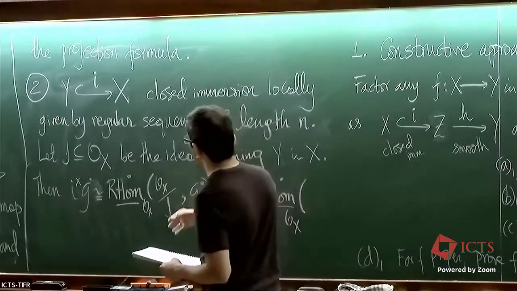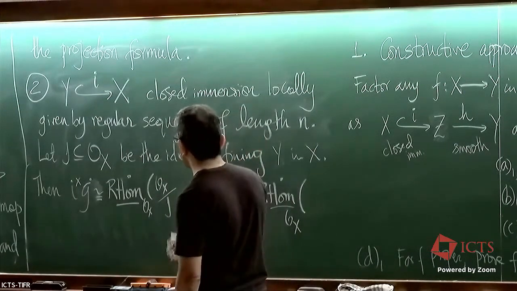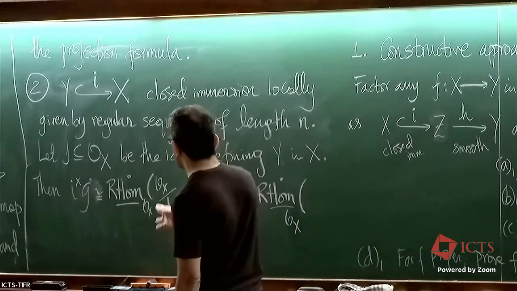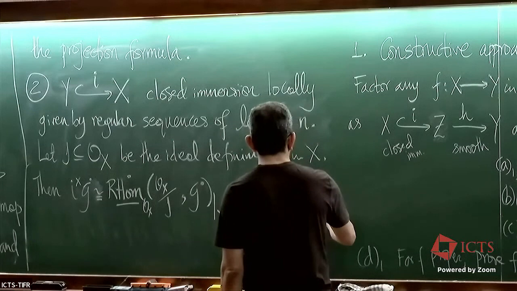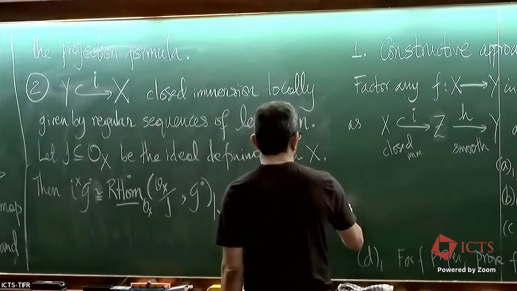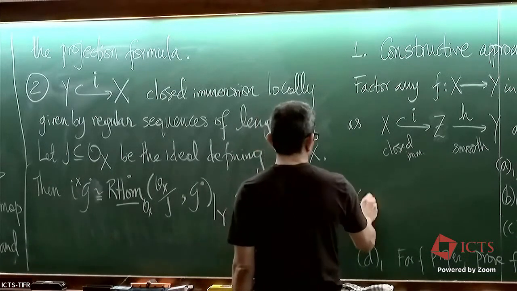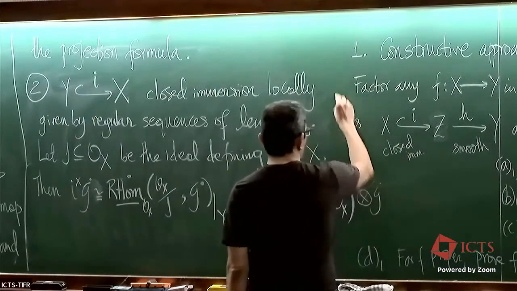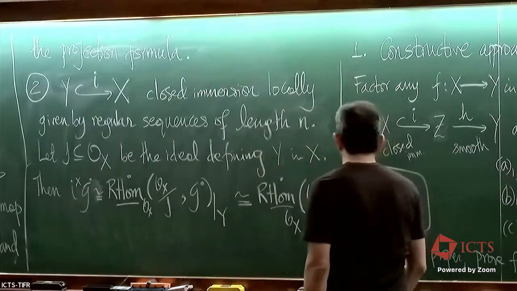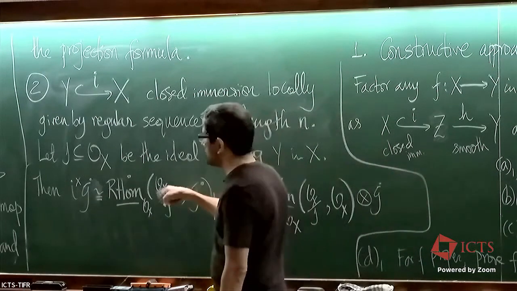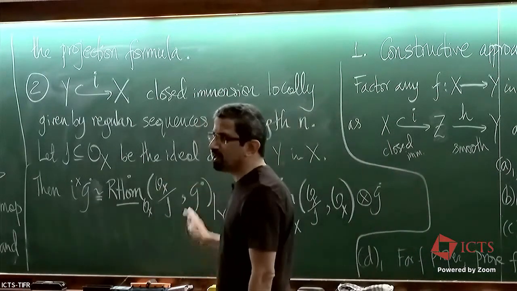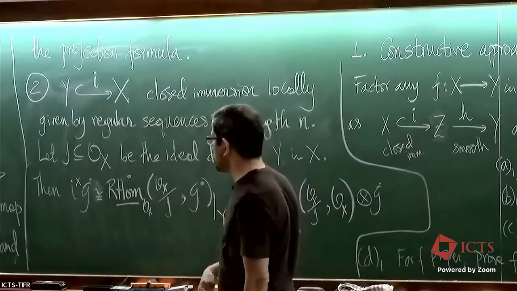Now OX mod I is a perfect complex over X, because it's locally given by a regular sequence. And so therefore you can put OX mod I here and OX here and tensor with G dot, which is just anything in DQC plus.